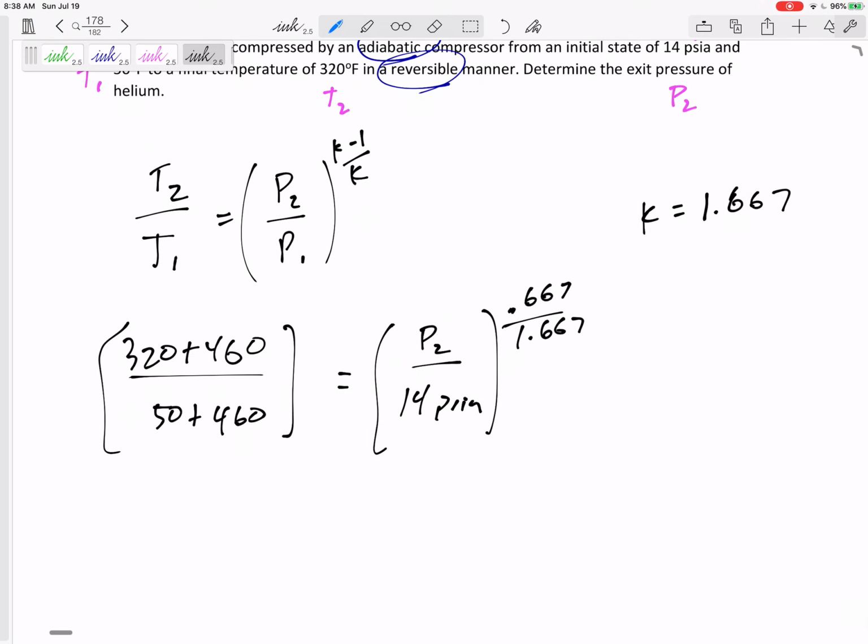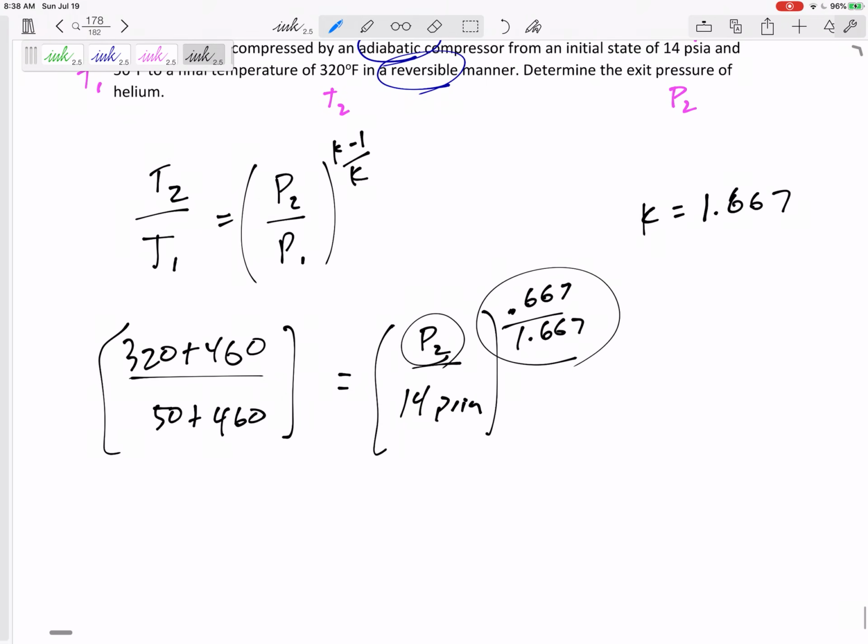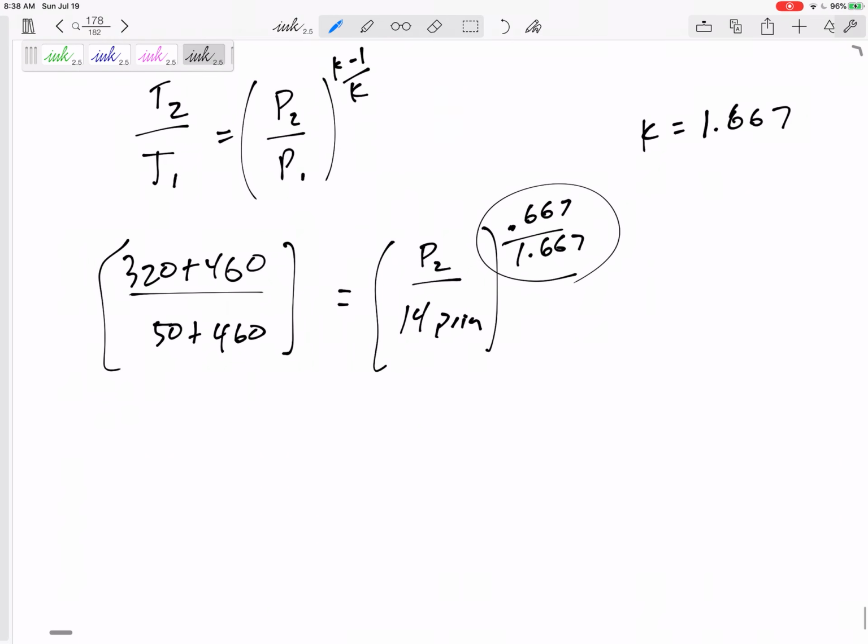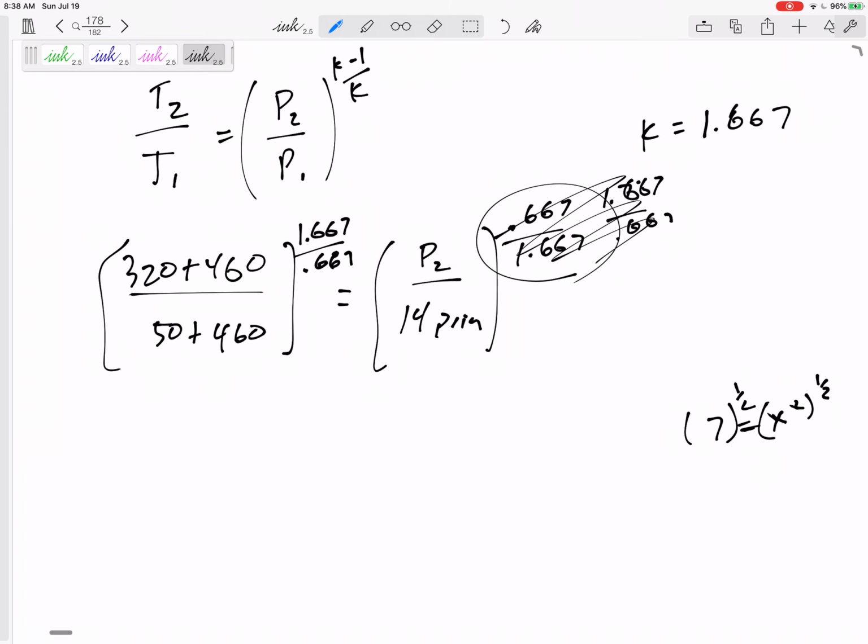Solve for P2. How can we get rid of that exponent? If we have, I don't know, 7 equals x squared, we would square root both sides. What we're really doing is raising both sides to the 1/2 power. So if we raise this to the 1.667 over 0.667, that would get rid of the exponent.